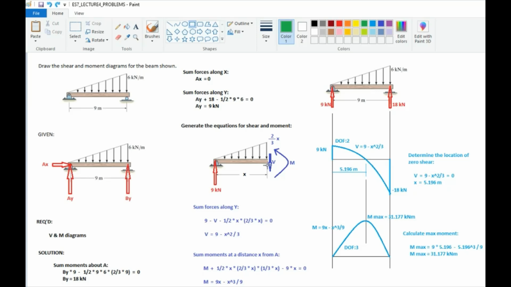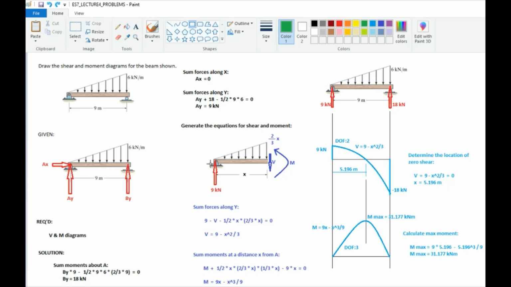So, for this, I cut the beam and let's say the beam is x meters long. Upon cutting the beam, of course, the internal forces are exposed. I did not include the normal force because obviously the normal force is 0. So I only included the shear and the moment.